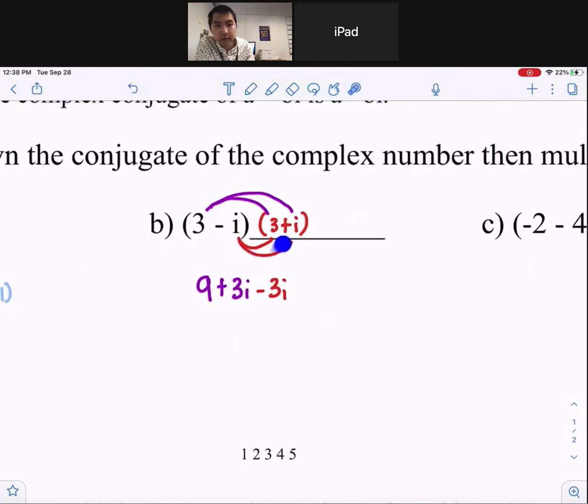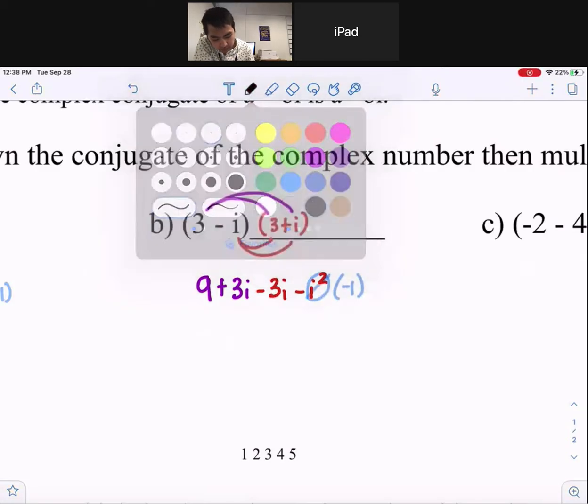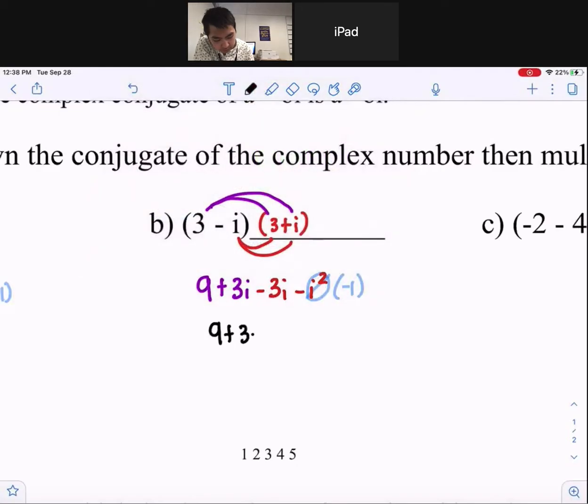And negative i times i is negative i to the second power. We know i to the second is negative 1, so now we have 9 plus 3i minus 3i. A negative times a negative 1 is a positive 1. Those cancel, and we just have 9 plus 1, which is 10.